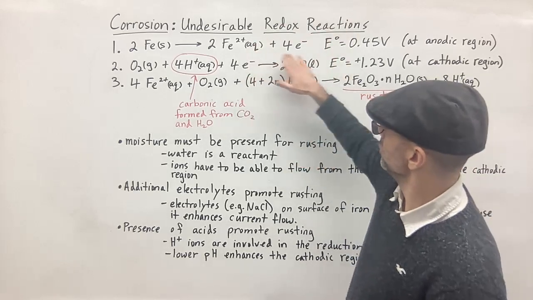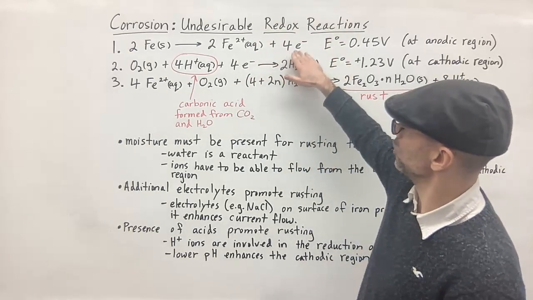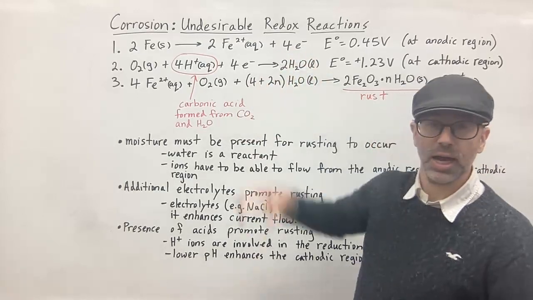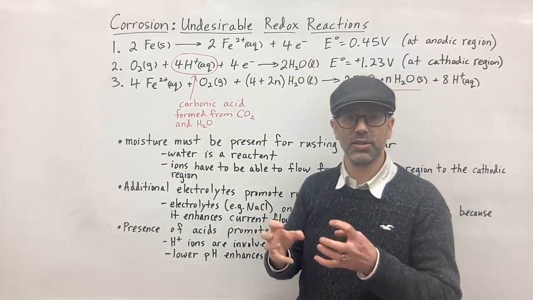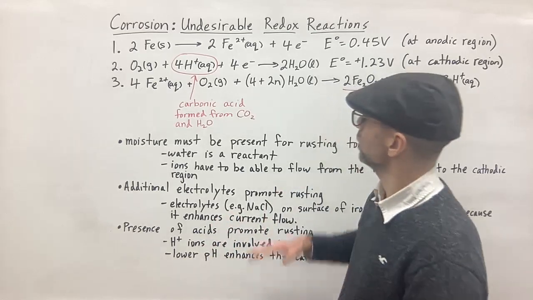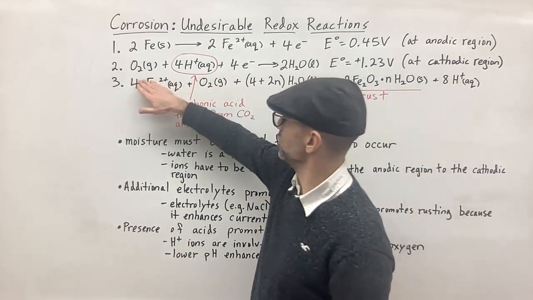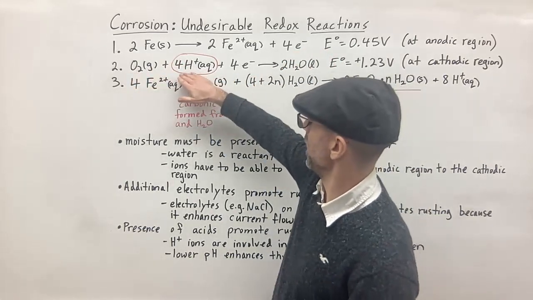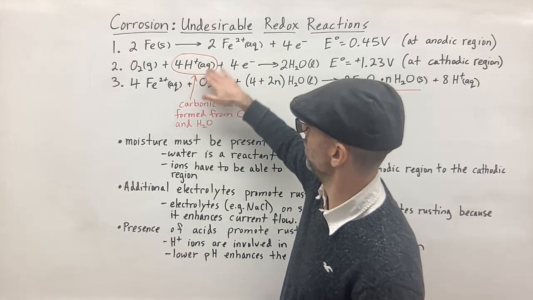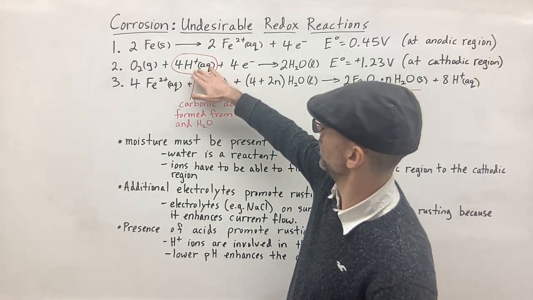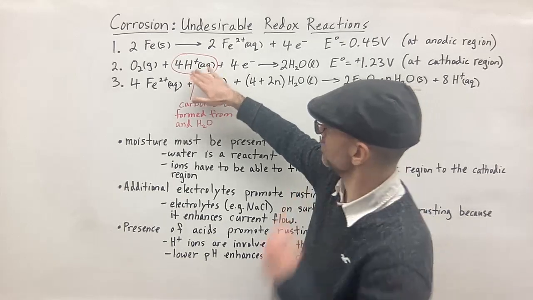Now, these 4 electrons are then going to be used. These electrons are going to travel to the cathodic region, and the anodic region and the cathodic region are very close together. They're going to react with oxygen, and we have the H plus here, the hydronium ion, H plus ion.